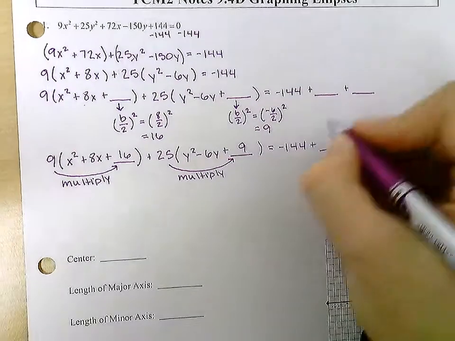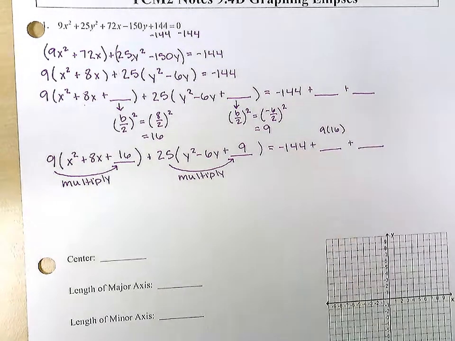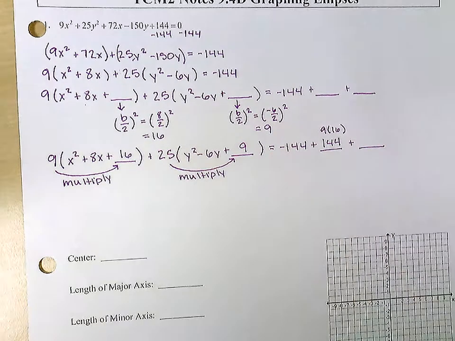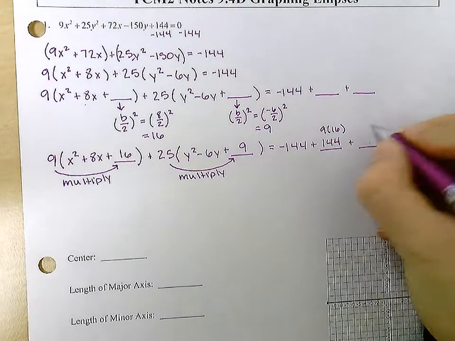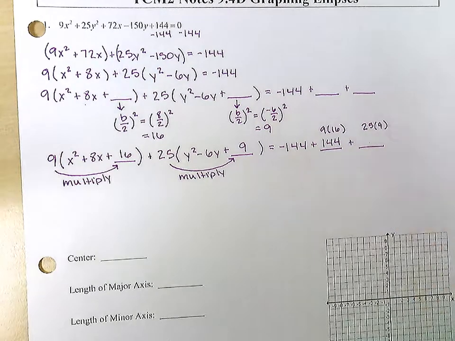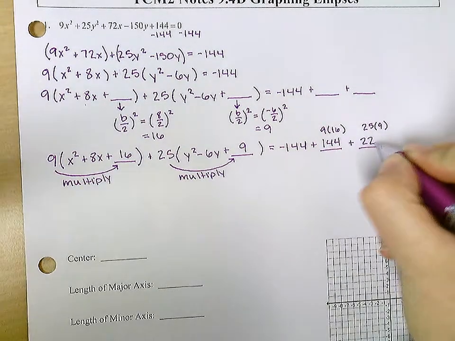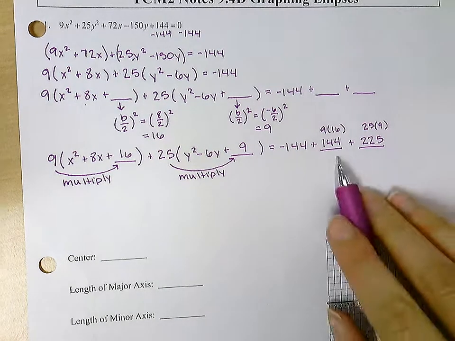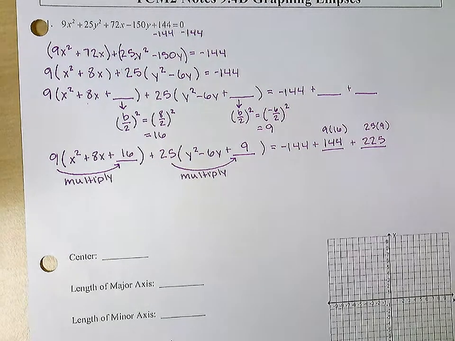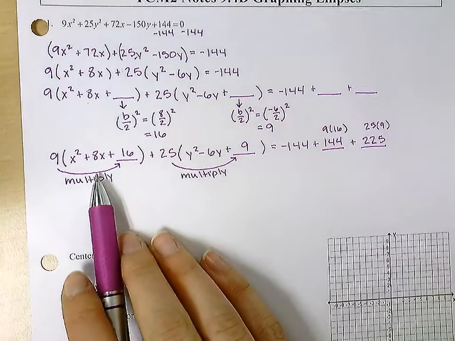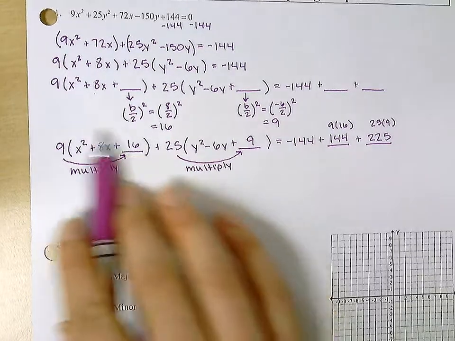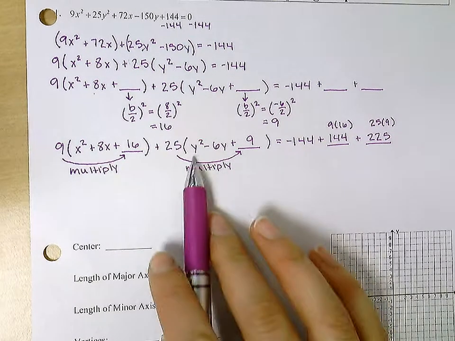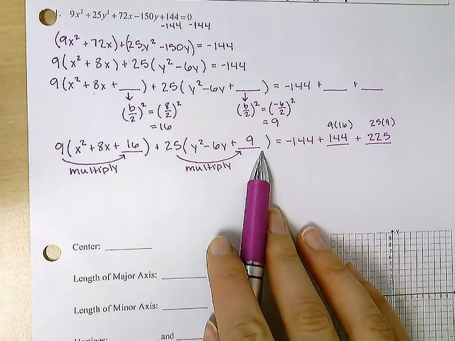Okay, so we have 9 times 16 for this first one. That is 144. For the second one, we have 25 times 9. That is 225. Okay, so that's how we're getting those spaces on the right. So next what we can do is finish completing the square. So factor out that quantity with your x's and factor out that quantity with your y's.